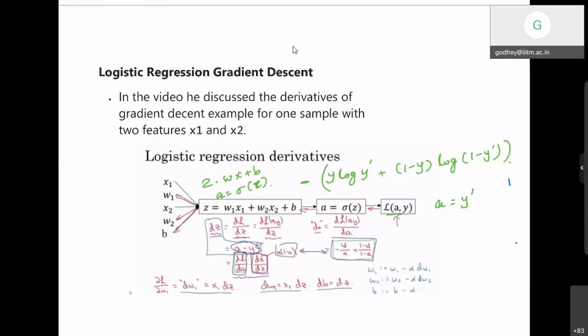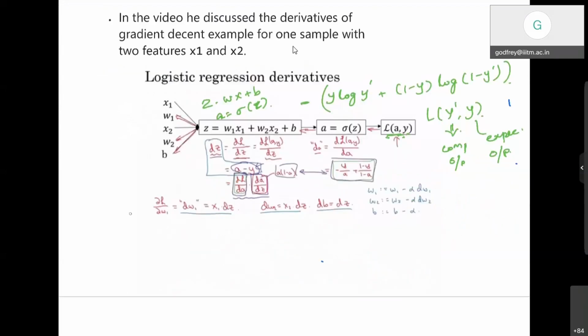Normally we see the loss function as L of y dash comma y, where y dash is the computed output and y is the expected output.